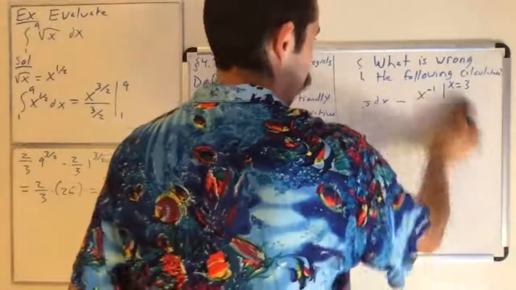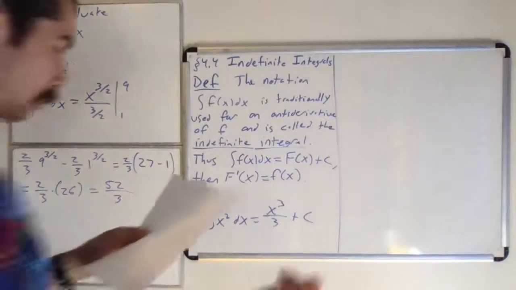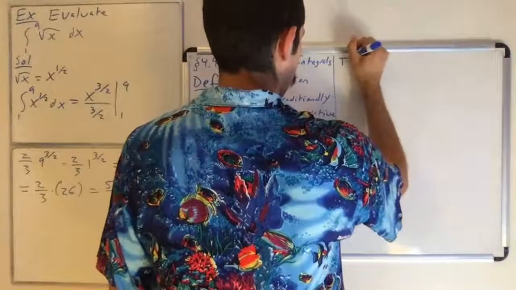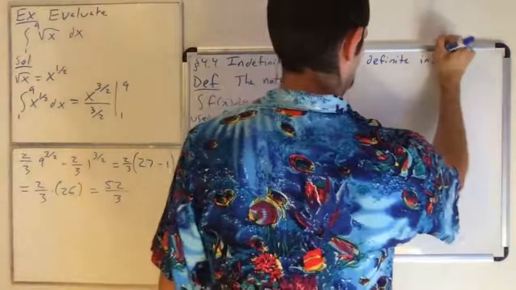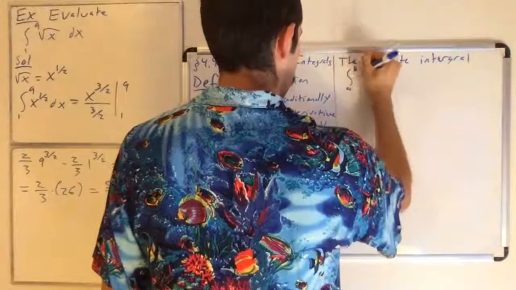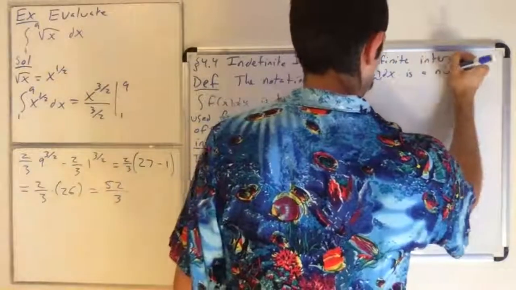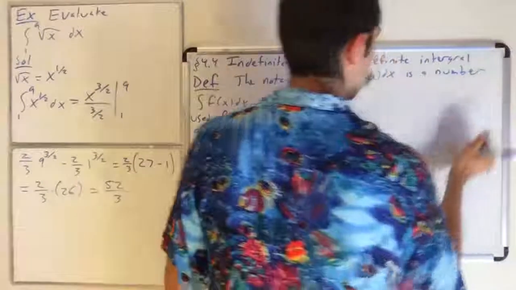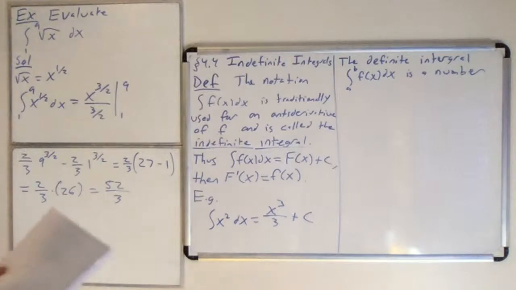Okay, so just for your notes, the definite integral, which is the integral from a to b of f of x dx, is a number. The indefinite integral is a family of functions.